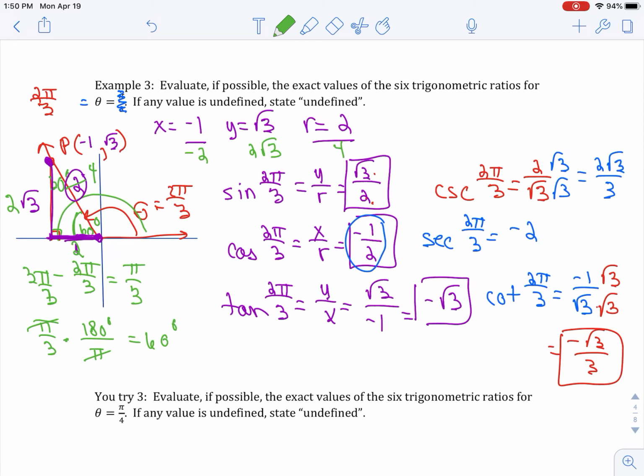But then when you take the ratios, they are all going to be the same. So for instance, if I do the sine then as y over r, it would be 2 times the square root of 3 over 4, which will simplify to square root of 3 over 2. Okay, so we would have come up with the same answer, and this is the same for all of the ratios.